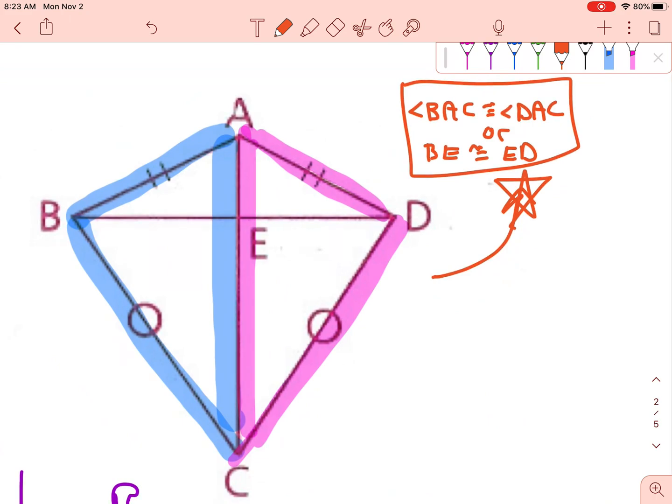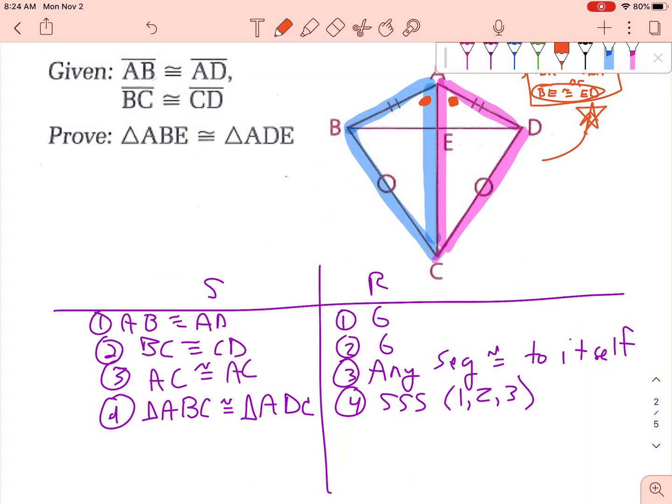If I could get BE congruent to ED, which I can't because that's not part of the triangles that I proved congruent, or if I could get this angle congruent to this angle, then my life is good. And guess what, guys? I can get those congruent to each other because those big triangles are congruent to each other.